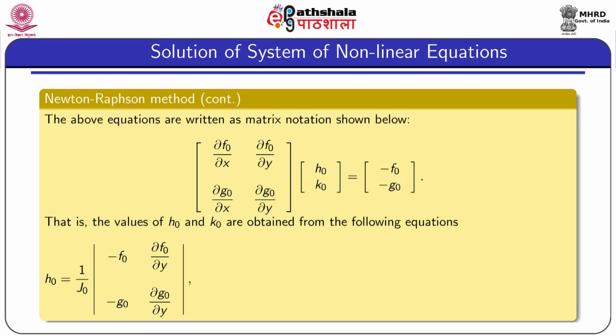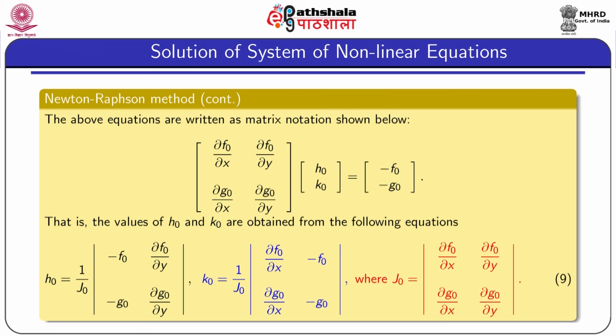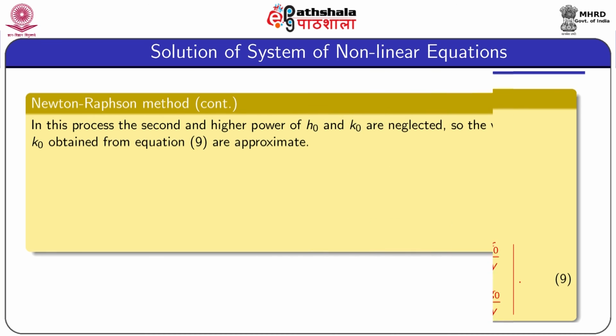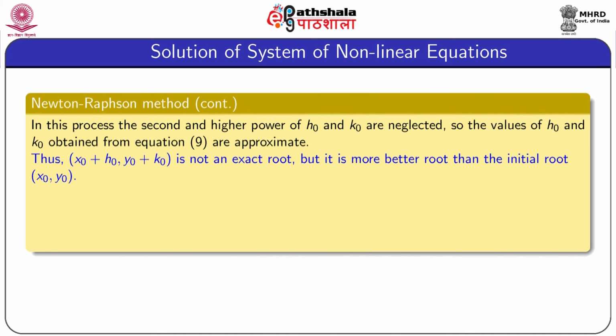Using Cramer's rule, the values of h0 and k0 are obtained as follows: h0 equals 1/J0 times a determinant of order 2 by 2 whose first column is -f0, -g0, and second column is ∂f0/∂y and ∂g0/∂y. Similarly, k0 is this expression, and J0 is the determinant of the coefficient matrix of order 2 by 2. Therefore, the first approximate value of x is x1 = x0 + h0, and the value of y is y1 = y0 + k0.